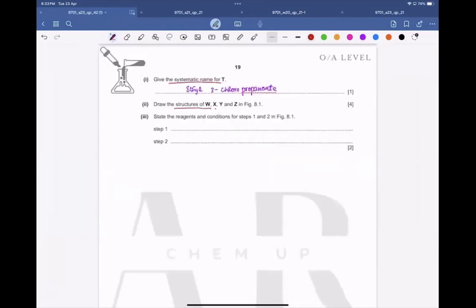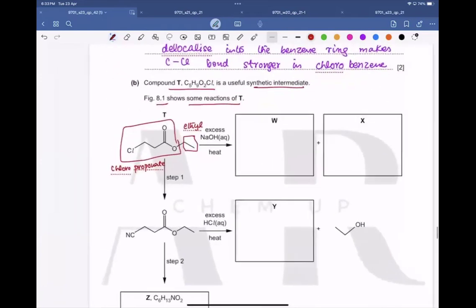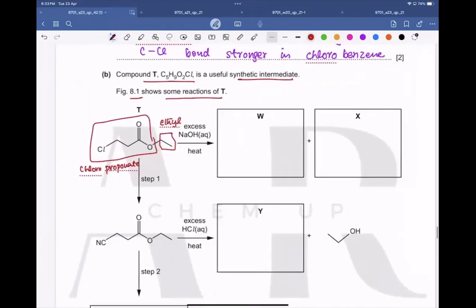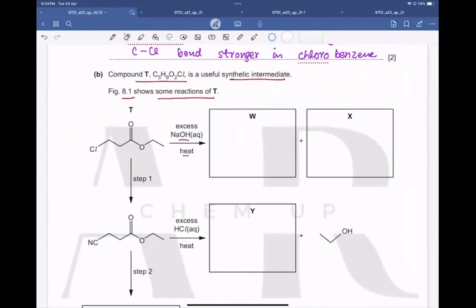Now what they are saying: draw the structures of W, X, Y, and Z in figure 8.1. Okay. So we are heating with excess sodium hydroxide. As you recall, hydrolysis will occur and it would be broken down from here.